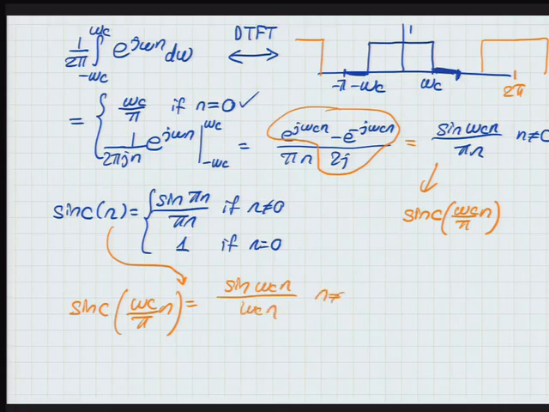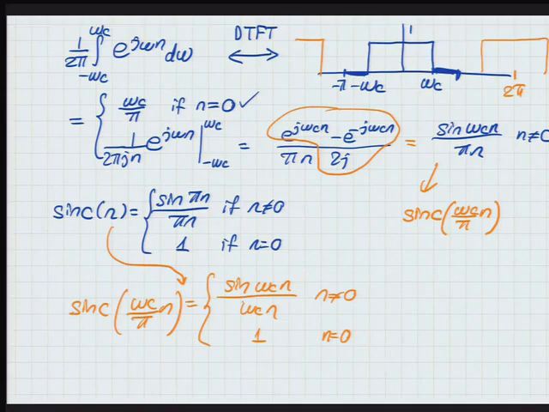When n is different than 0. Is that right? Pi times, yeah, correct. And 1 if n equal to 0. Okay. So in terms of that, is that an accurate statement here?